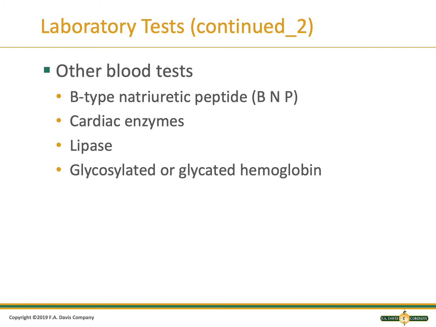Some of the other blood tests are B-type natriuretic peptide, which they refer to as BNP. That's used to diagnose congestive heart failure. Cardiac enzymes are used to determine if a myocardial infarction has occurred, or an MI.